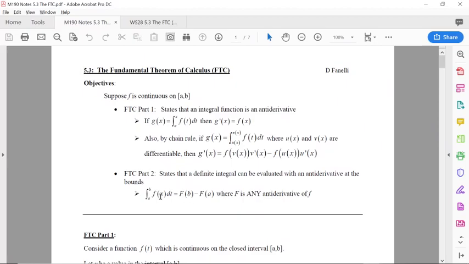So rather than having to evaluate a definite integral by use of a Riemann sum and the limit of a Riemann sum, we could instead use any antiderivative of the integrand. Remember that an antiderivative is a member of a family of antiderivatives by adding an arbitrary constant c, as we saw in a previous section on antiderivatives. If we can find an antiderivative to the integrand, we can plug in the upper bound and the lower bound and subtract those two from each other, and we would actually get the area under the curve.